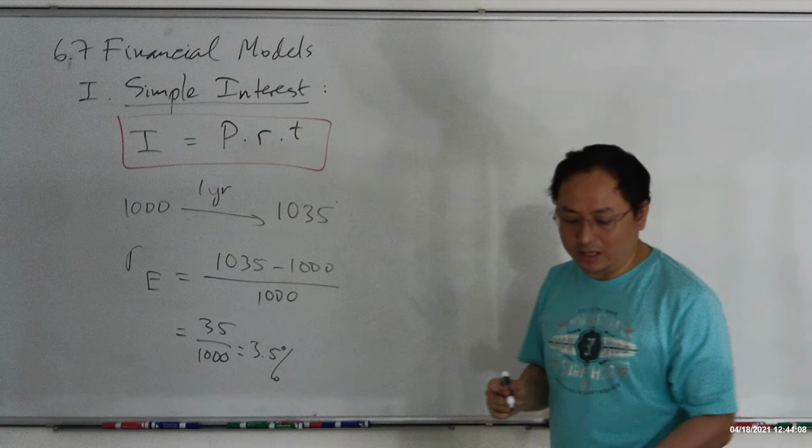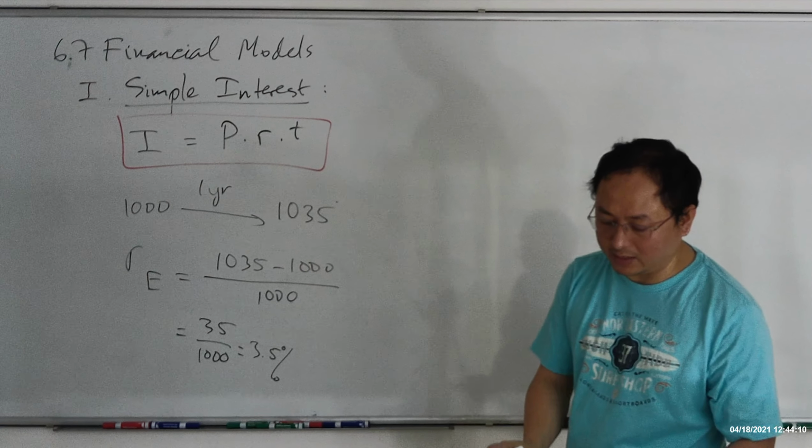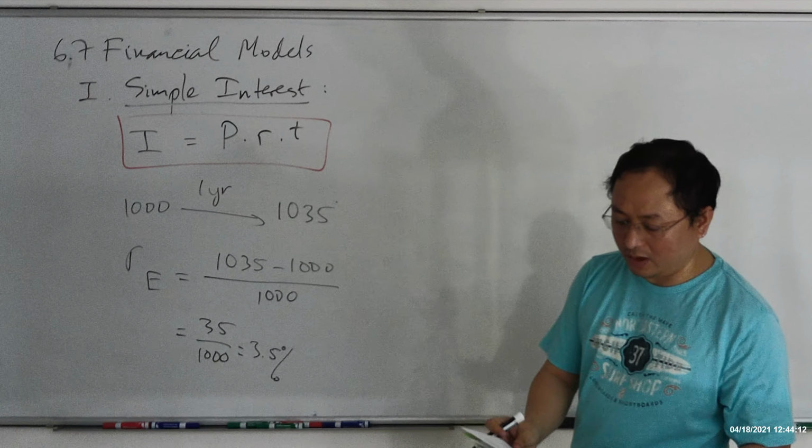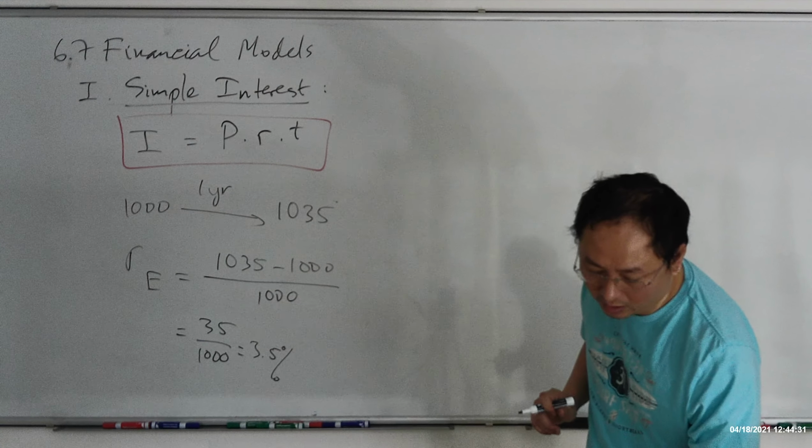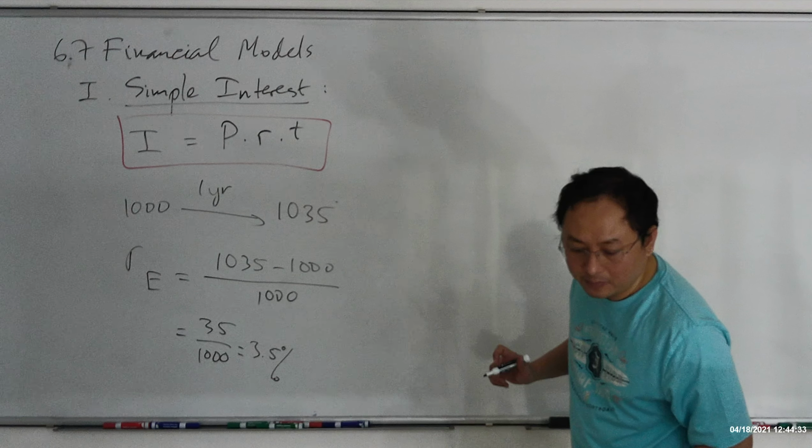Okay, so let's try some exercises in this section. I have a copy of some problems in front of me, so let me try some. How much money do you need to get $1,500 after 2.5 years?